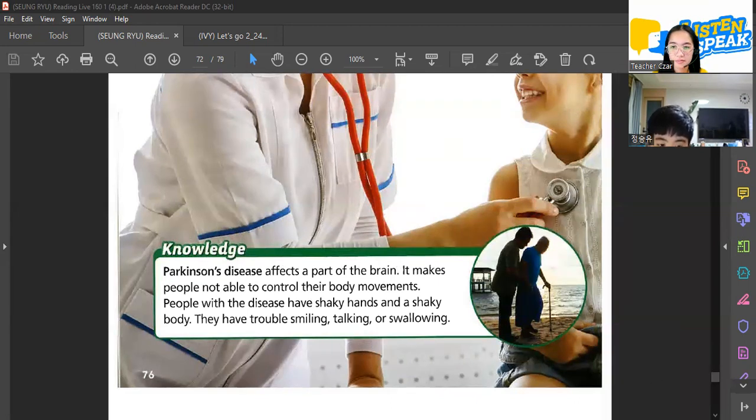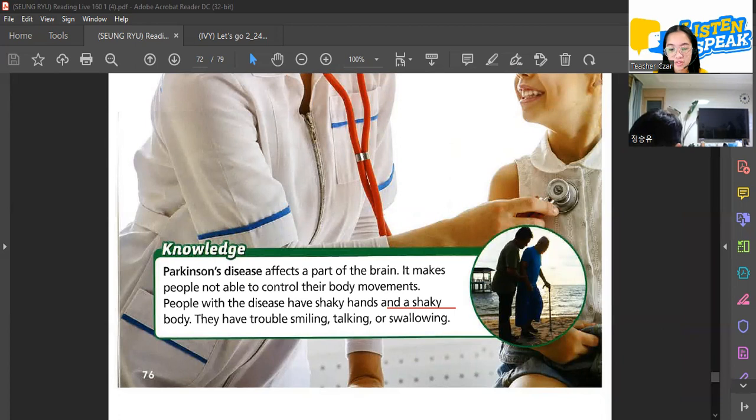It makes people not able to control their body movements. People with the disease have shaky hands and a shaky body. They have trouble smelling, talking, or swallowing. Okay, very good.